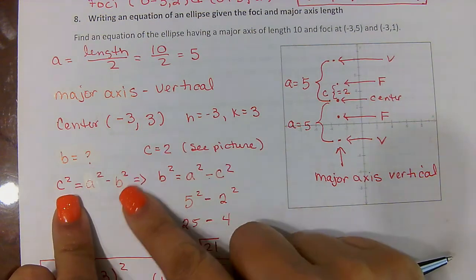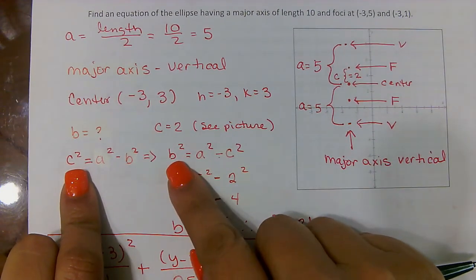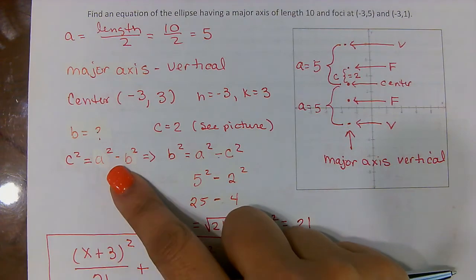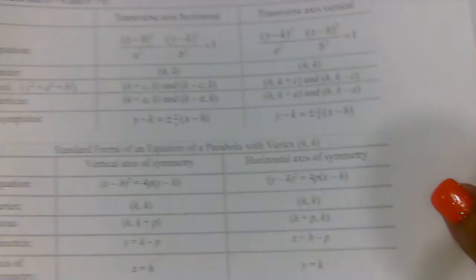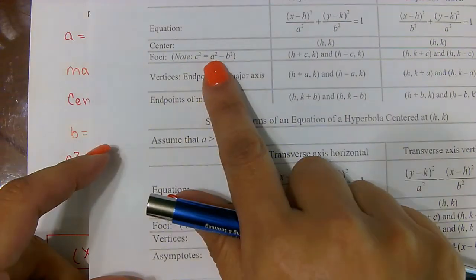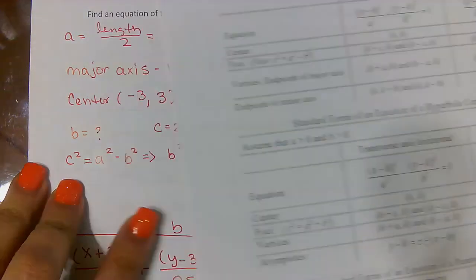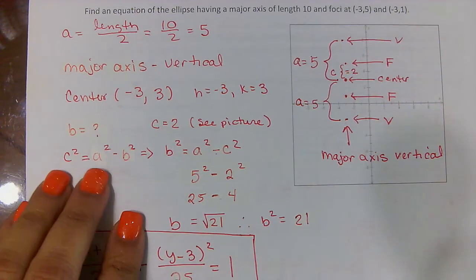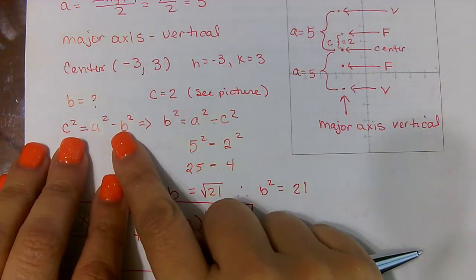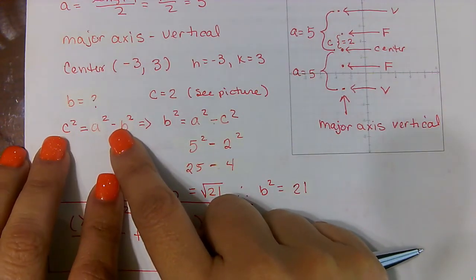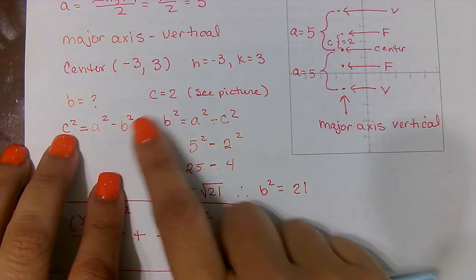Okay, so let's determine what our b is going to be. I'm going to use the equation found on the formula sheet right here. I know c and I know a, so I'm going to rearrange it to solve for b. Here's my original equation. I added b squared to both sides and then subtracted c squared.